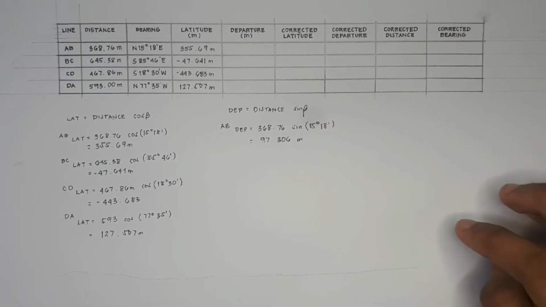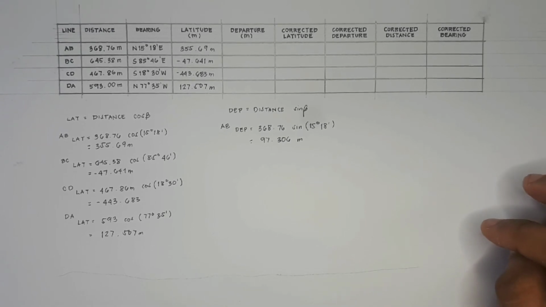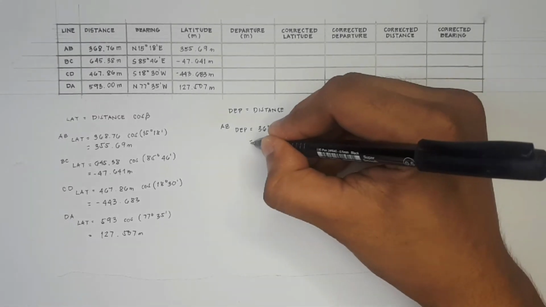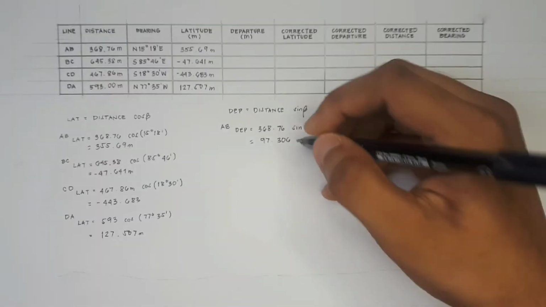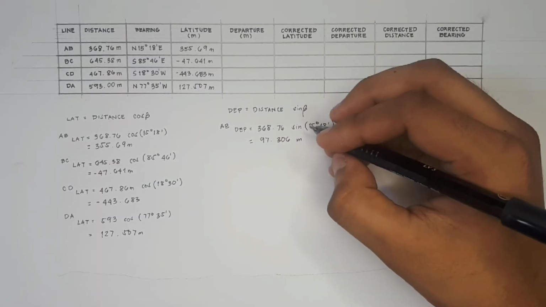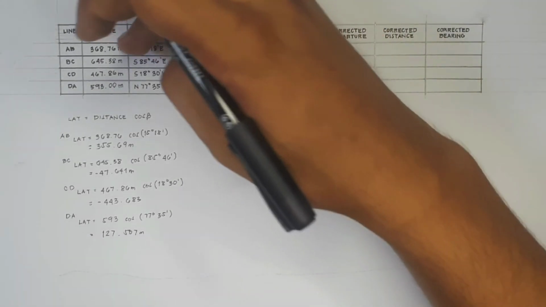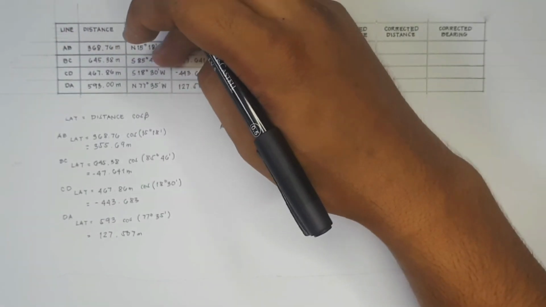So we have here the departure 97.306 meters. Now take note that the direction of our line is from north to east.